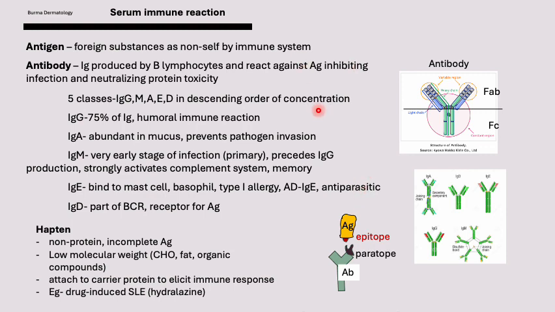And a paratope is the site present on the variable region of the antibody Fab binding fragment, and the most antigenic portion, which is the epitope portion, reacts with the paratope for the high affinity immune response.